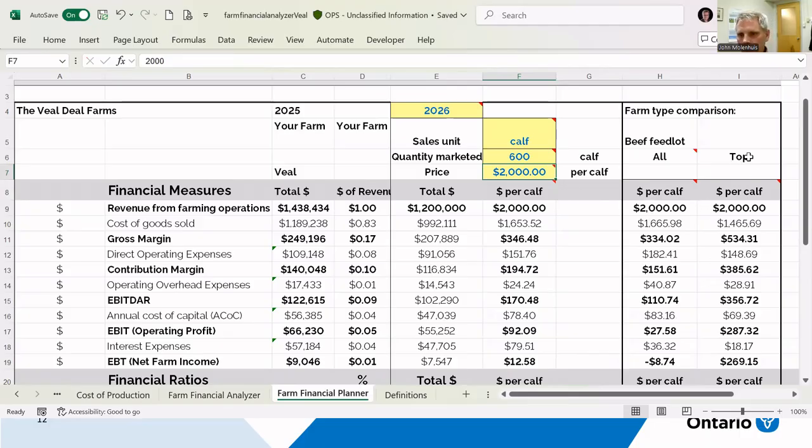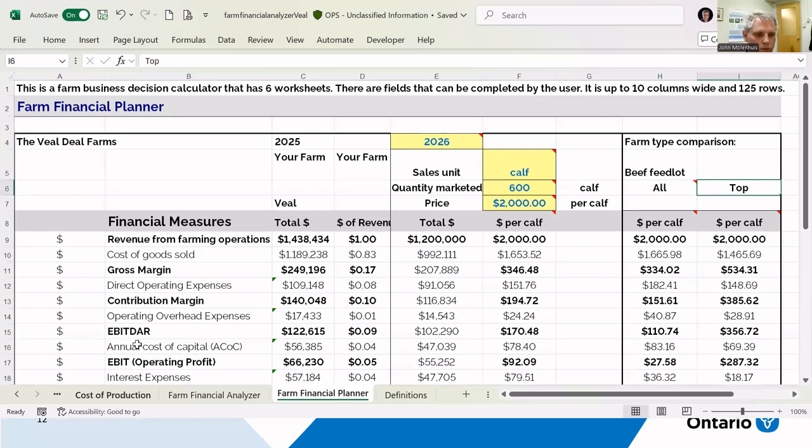And then based on the benchmark comparison, it'll calculate those numbers for the benchmark farm. So it's all farms in the data, and then the top farms by profitability is what the comparisons are. So we do have that.